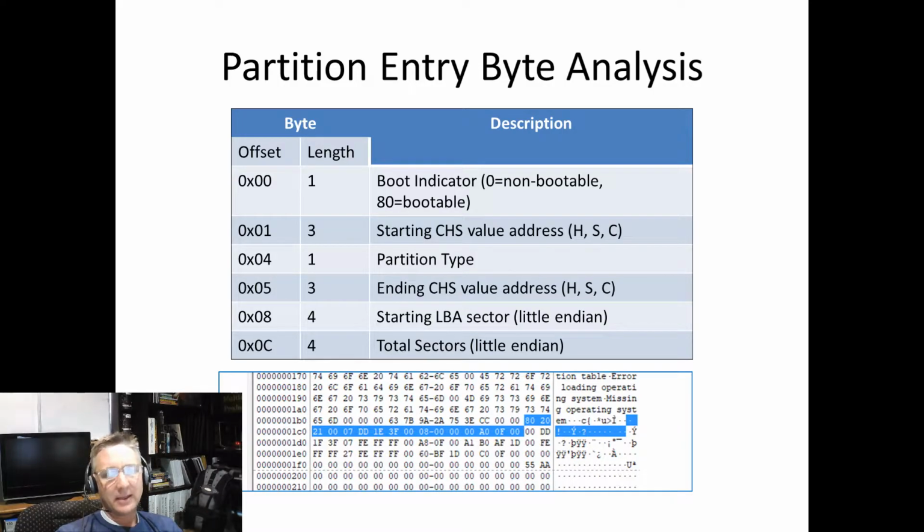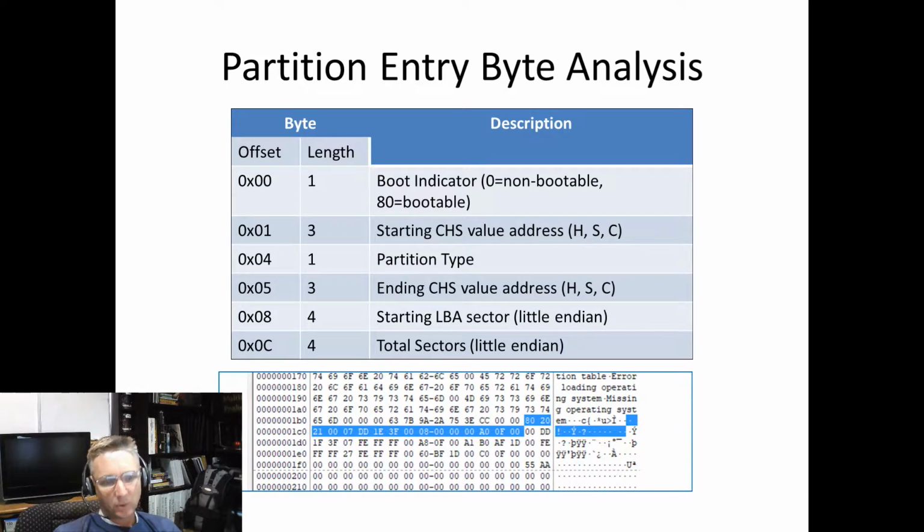Again, redundant. Then we get the next 4 bytes starting at offset 08, which is actually the 9th byte in, where we get the starting LBA, or logical block address. And it's in little endian. If you don't know what that means, we'll cover that.